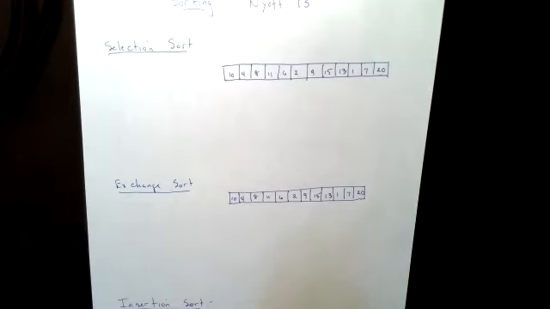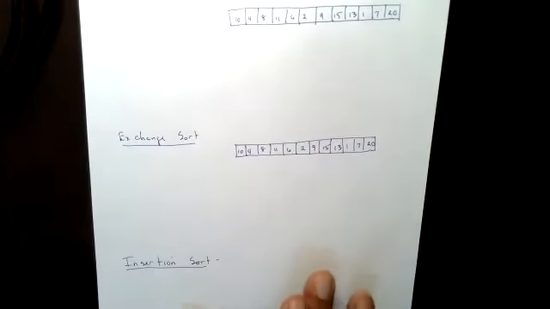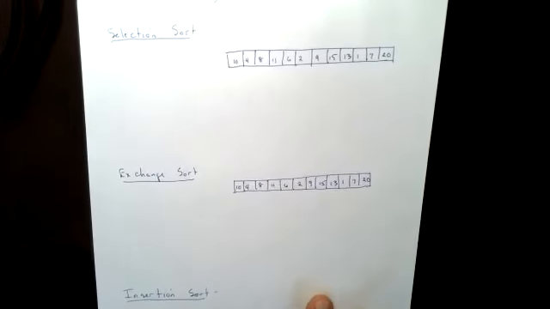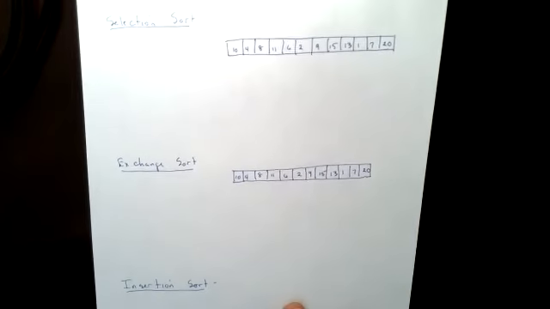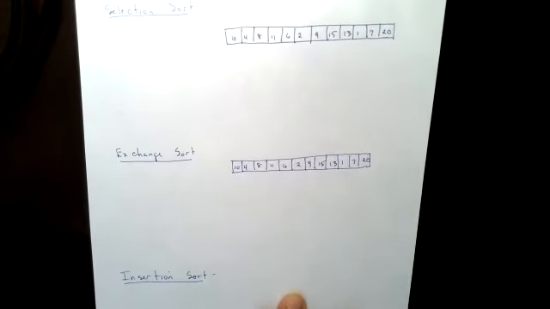Hopefully you remember we talked about 3 categories of sorts: selection sort, exchange sort, and insertion sort. We looked at simple examples for the first 2 to get the concepts down.